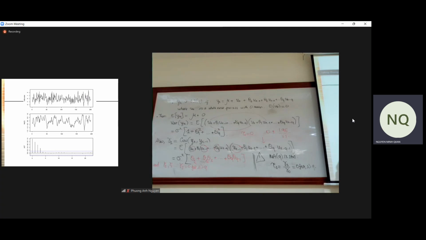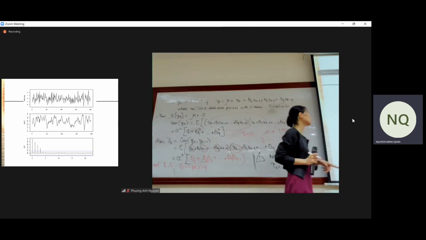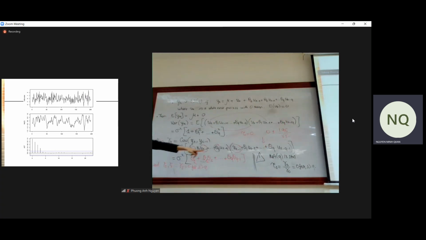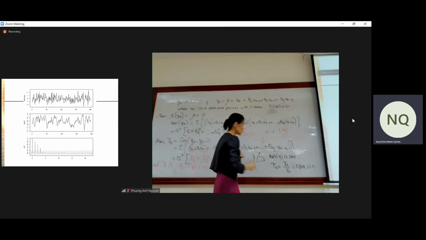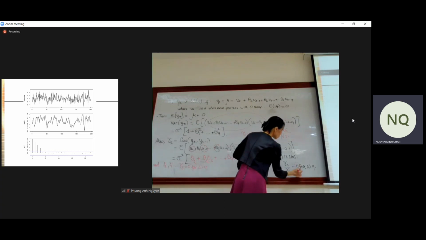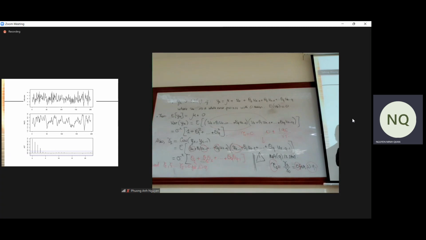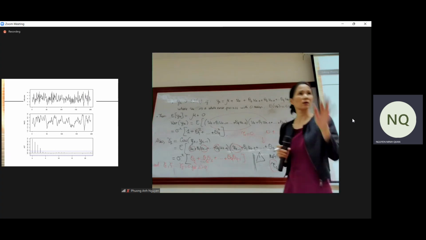All these values stay within the range and are not significant, supporting the fact that tau S is equal to 0 for S greater than Q. In this case, for S greater than 3, so tau 4 is already 0, tau 5, tau 6, and so on.